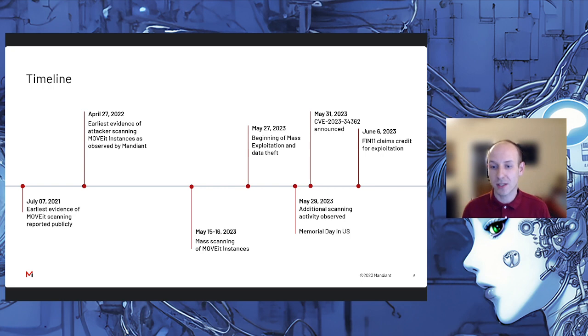Now, as we started investigating the various compromises, we were able to determine that back in April of 2022, there were large volumes of attacker scanning against various MOVEit instances, and this was observed by the various Mandiant investigations.